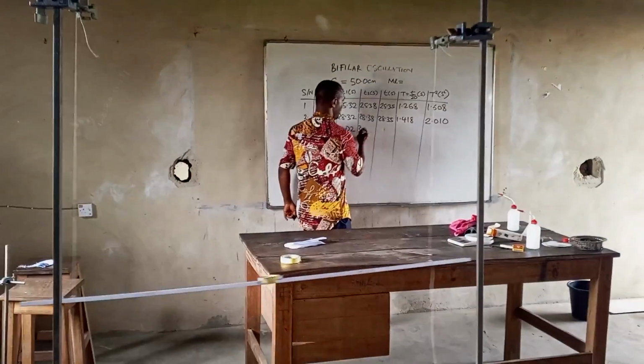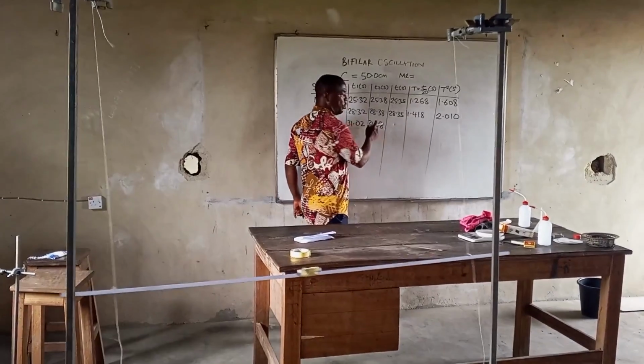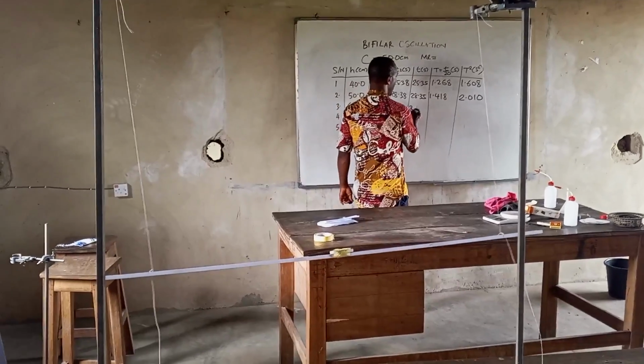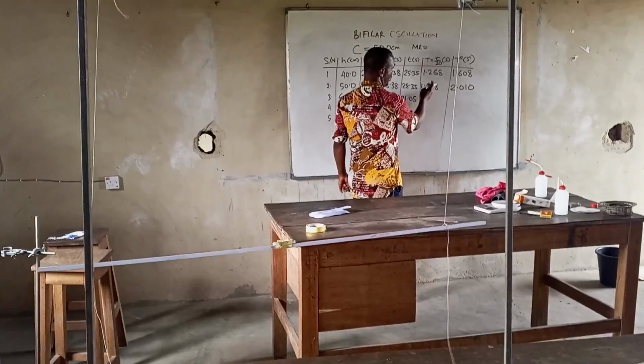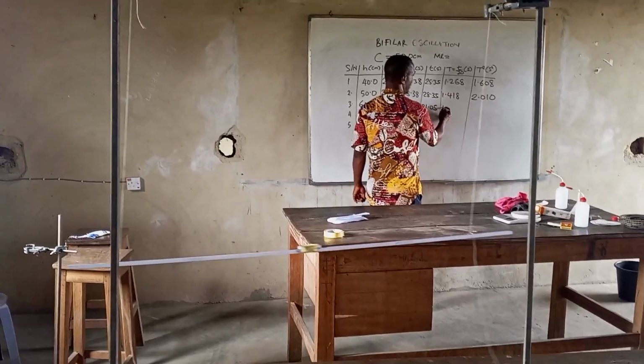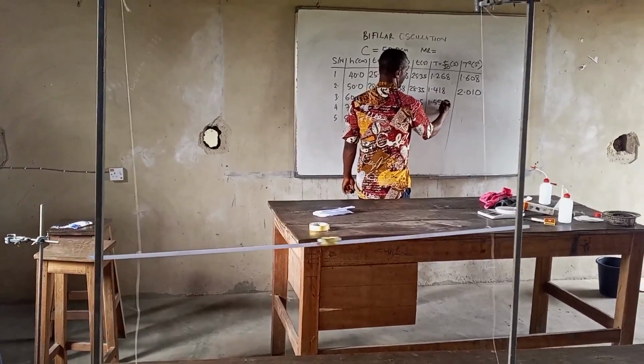Please add and find the average of the two. 31.05. Divide by 20 to get the period: 1.553. Square the period.